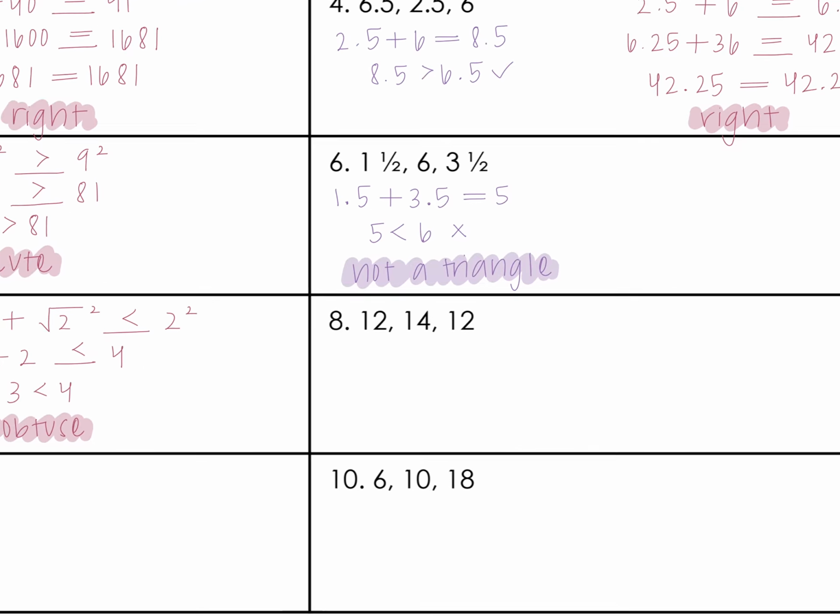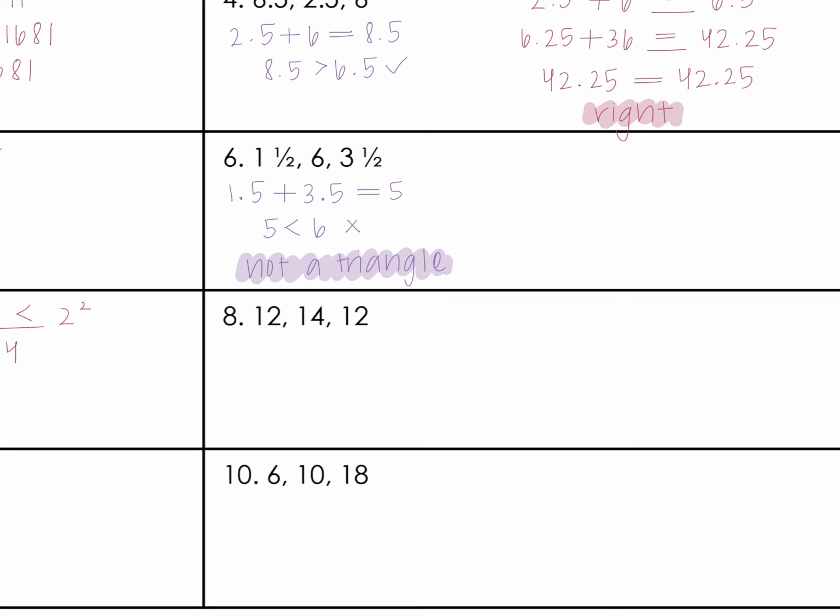Okay, moving into number 8, we'll have that 12 plus 12 is going to give me 24. 24 is going to be greater than 14. So this is a triangle. So plugging in, we'll have that 12 squared plus 12 squared, and then on the other side, we'll get that 14 squared.